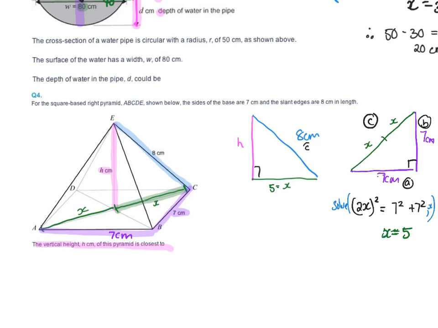So I know this is C, this is A, and this is B. So off I go, I write it out again, C squared equals H squared plus 5 squared, and we can solve again and find out what the height is. Okay, so I get roughly 6.2 centimeters.